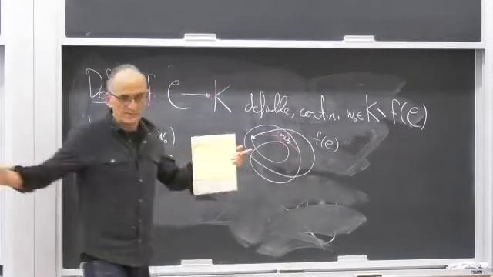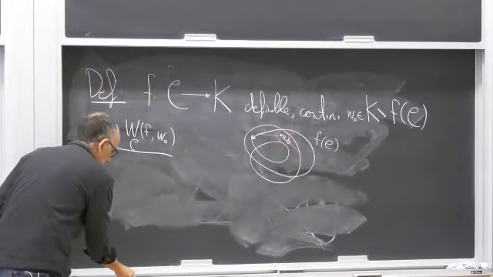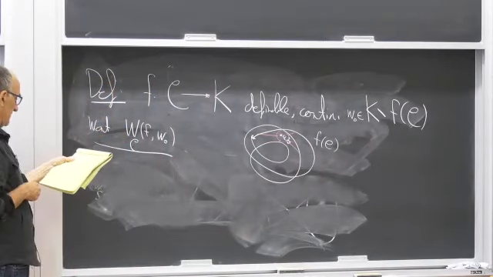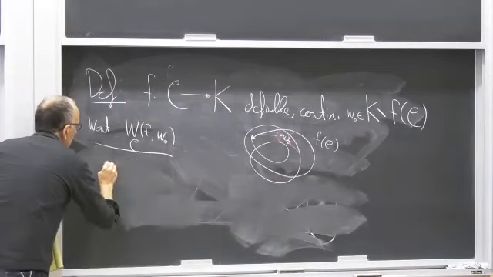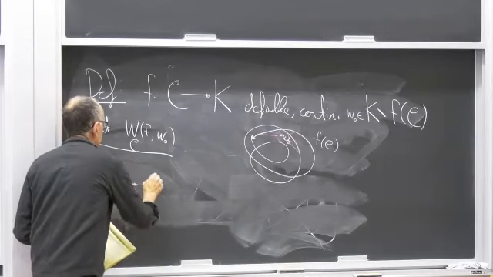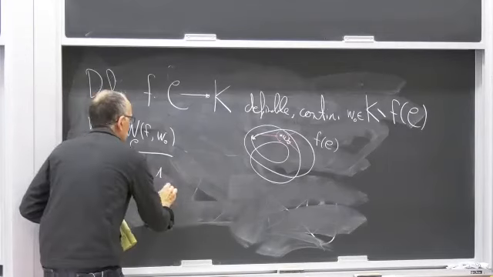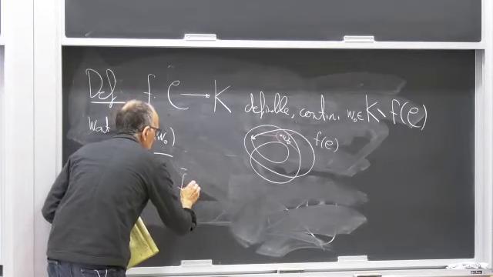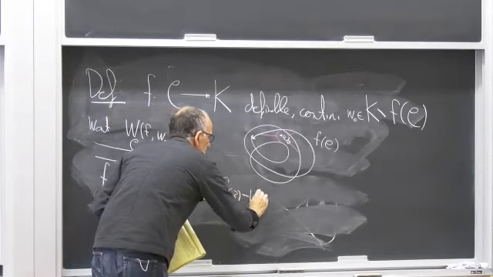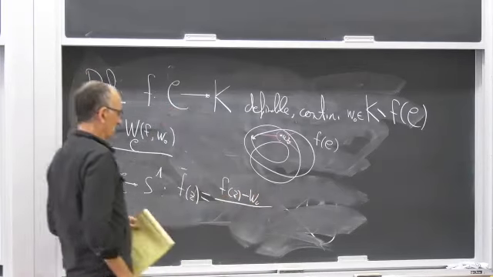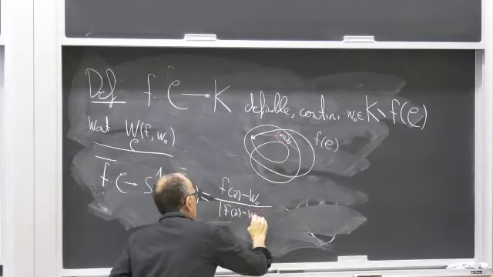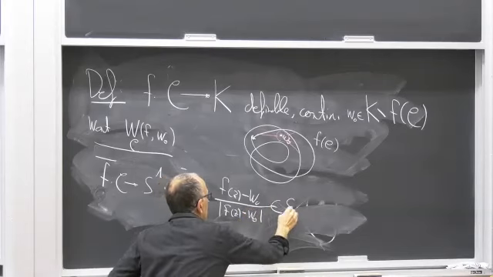And the formal way of doing it, we define first, let's call it F bar. F bar will be from C to S1, F bar of Z will be F of Z minus W0, and now normalize to put it inside the unit circle, divided by its norm, and this is now in S1.